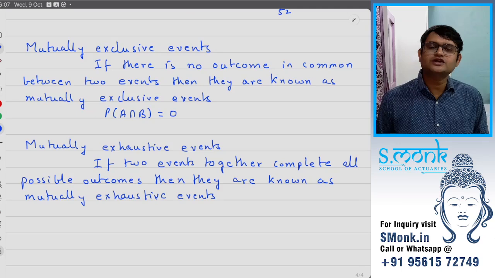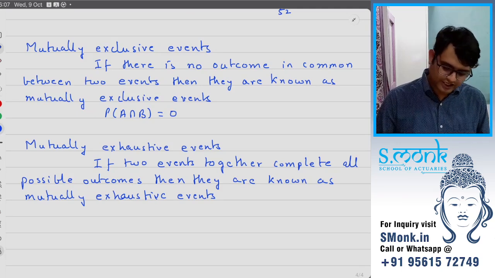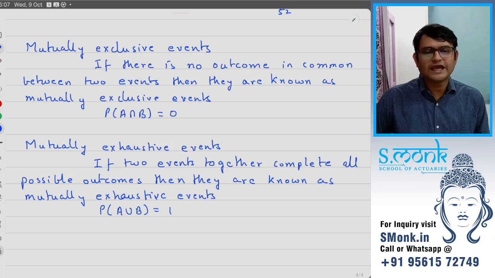That means together they should make up everything in the universe, or the whole universal set. So A union B must be equal to 1. That is what mutually exhaustive events would be.